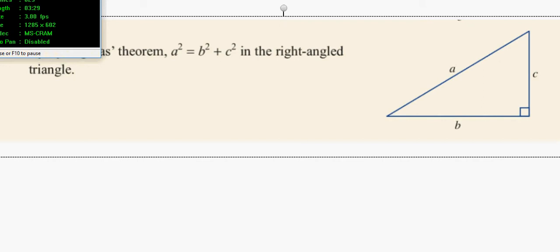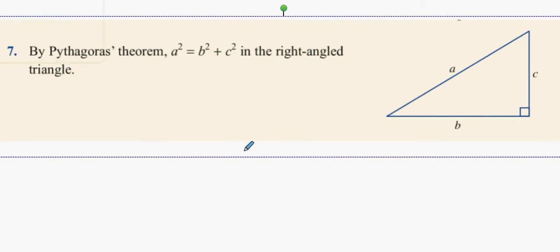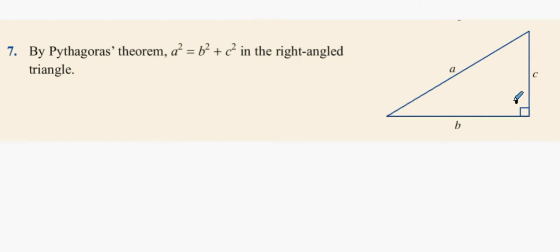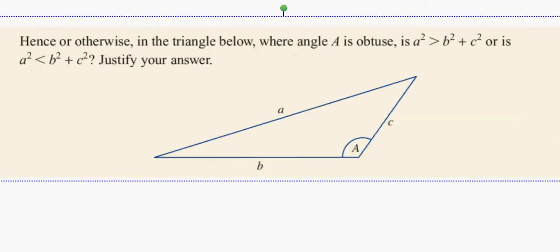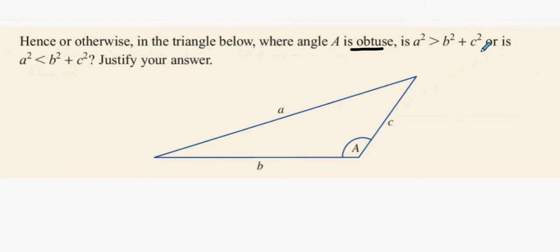Now, this is Pythagoras' theorem. Pythagoras' theorem only works when it's a right angled triangle. This means it balances. Now, what we learned the other day is that when A is obtuse, what happens? The angle's over 90.